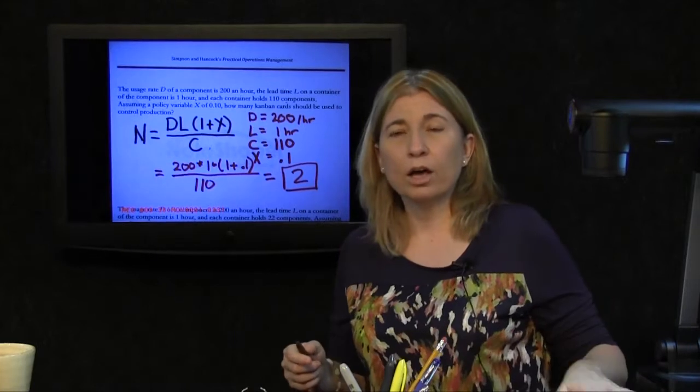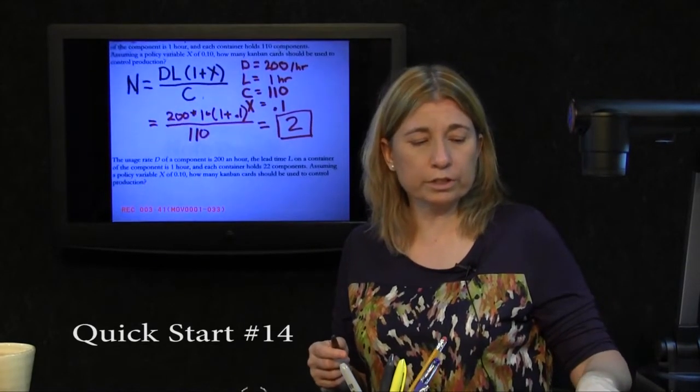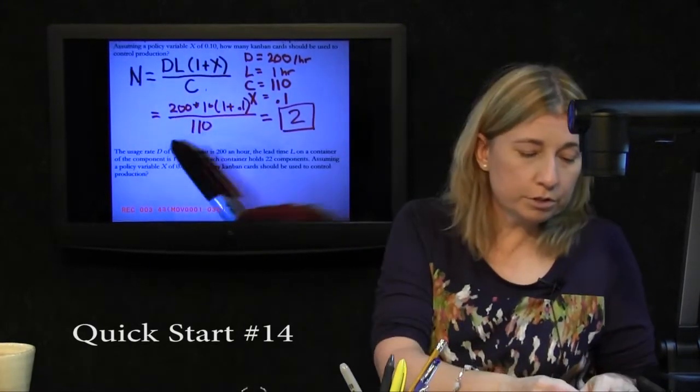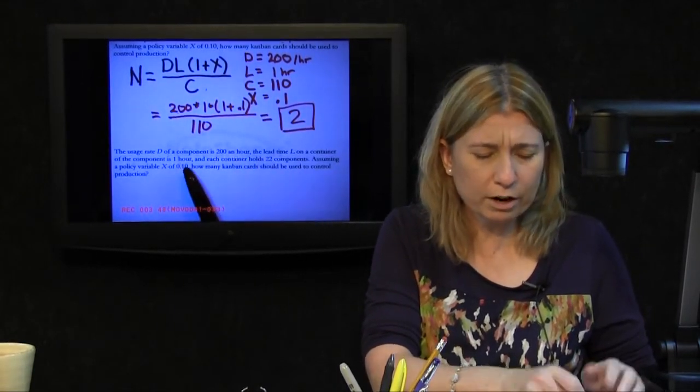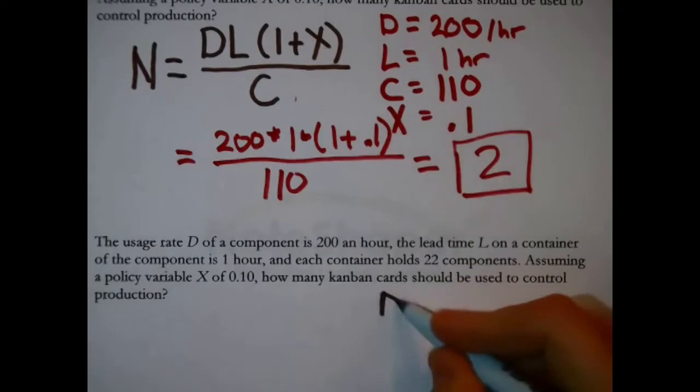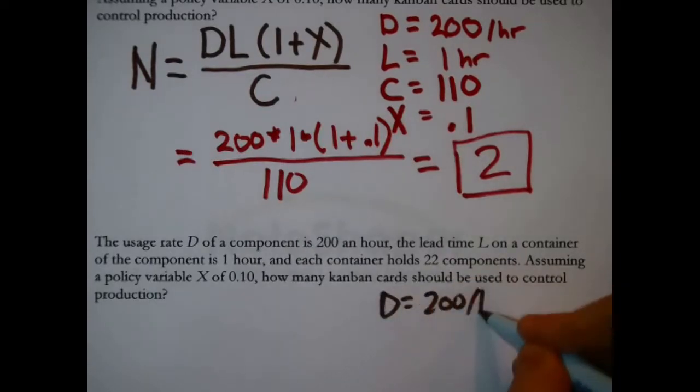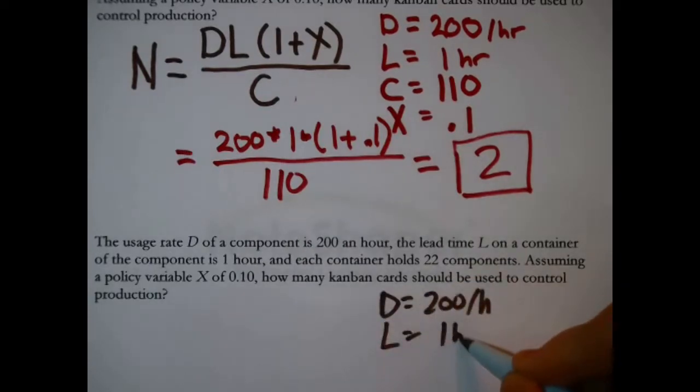All right, now, the next question looks really similar. The usage rate of a component is 200 an hour. The lead time is 1 hour. Déjà vu. We were just working with those numbers. Each container holds 22 components.